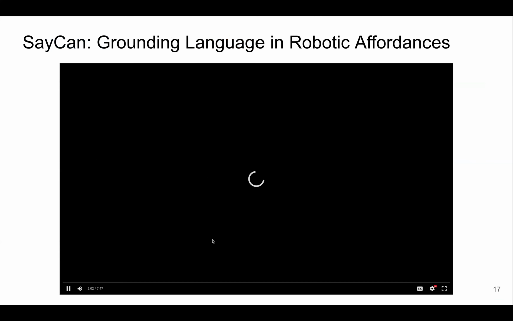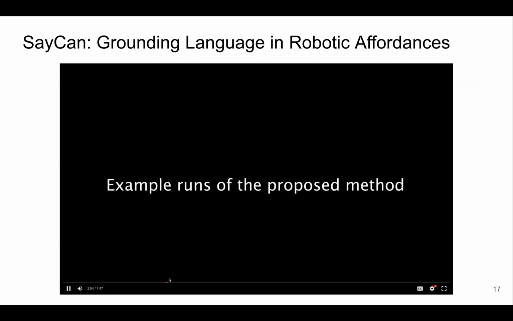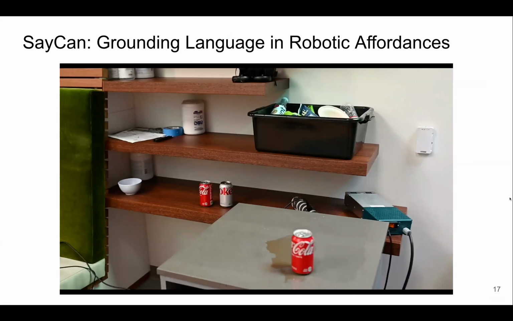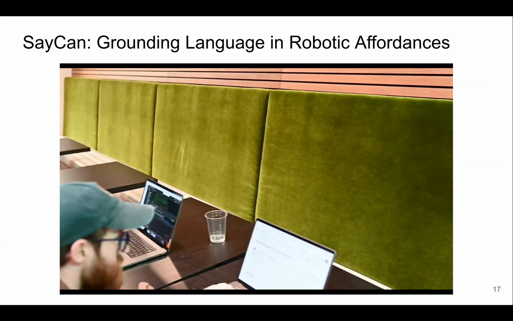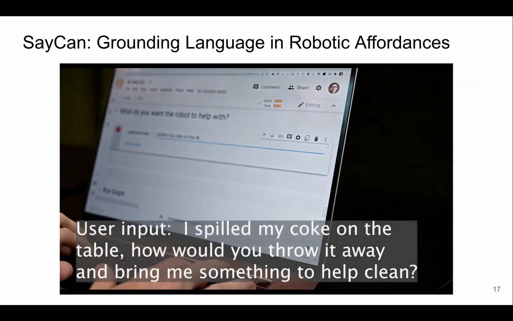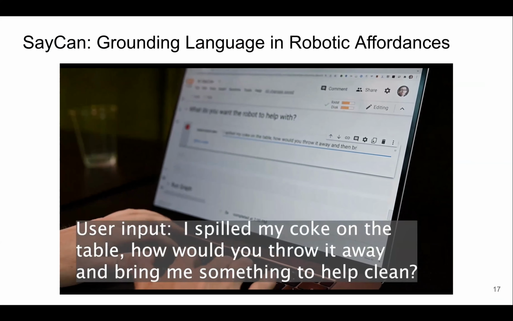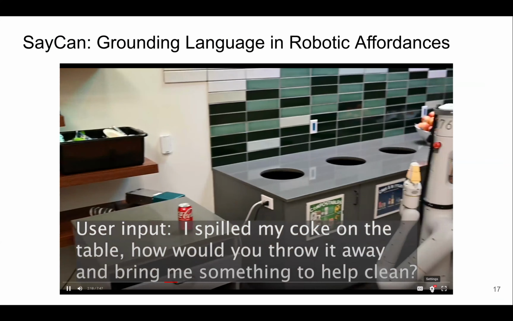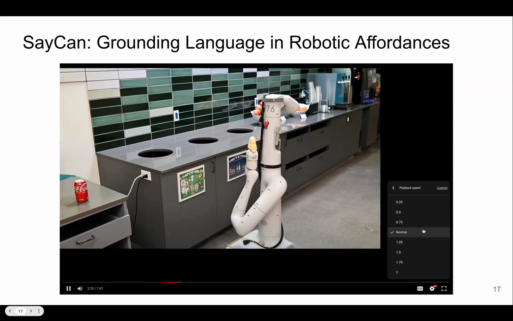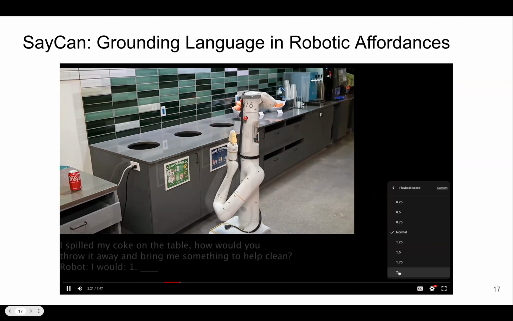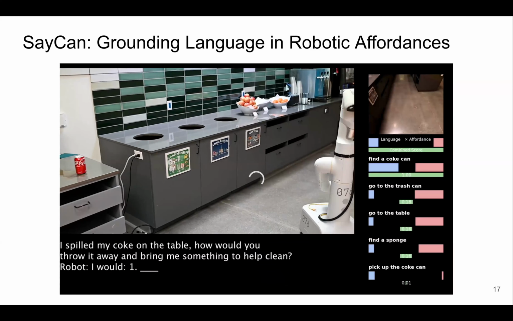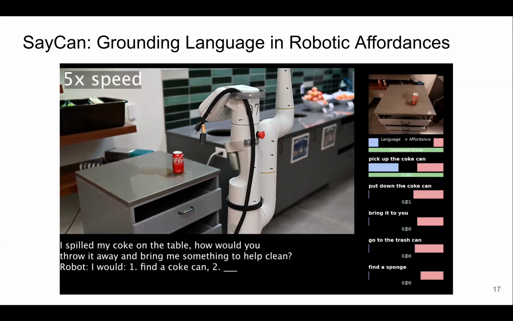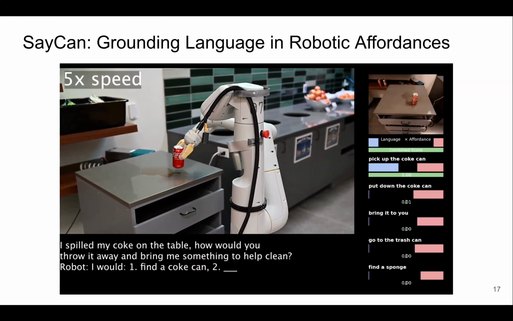And then we can also roll this out in a full environment, and say we have something like, I spilled a Coke on the table, and I want to throw it away and have something to help clean it up. I could maybe speed this up a little bit, but it's nice because we can actually look at the probabilities and see the language model is recognizing the first thing it should do is find the object and then pick it up.